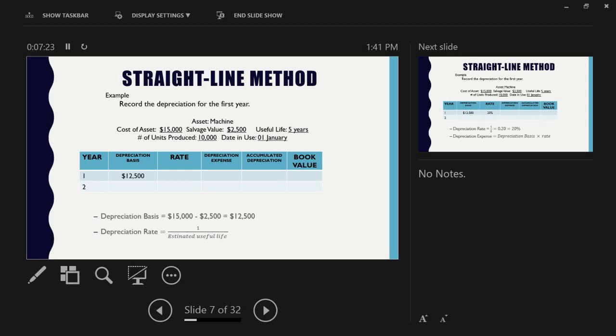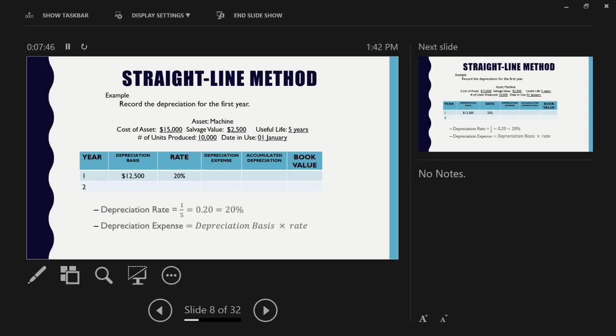So what is the depreciation rate? Number of years divided by 1. Other way around, David. Yes, 1 divided by the number of years. 1 divided by 5, which is 0.2. That is correct.